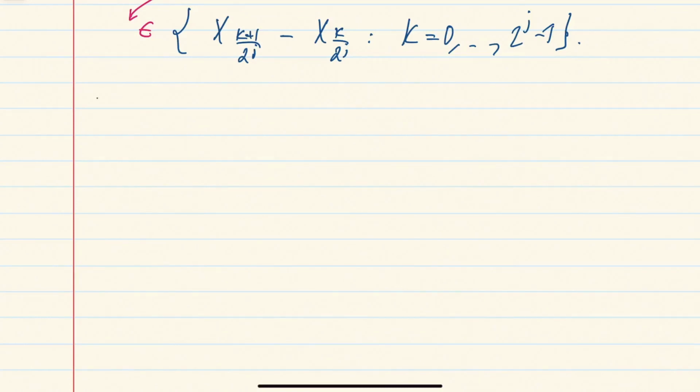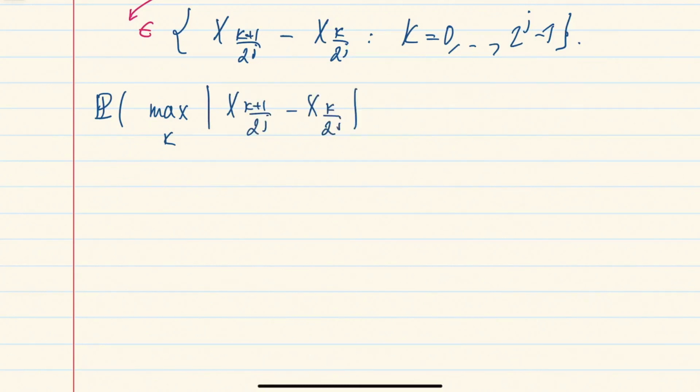More precisely, we can write the probability that the largest among these links, the maximum over k of these increments, exceeds 1 over j squared.